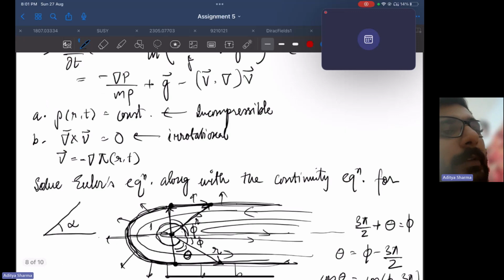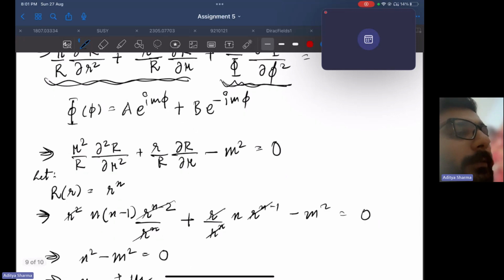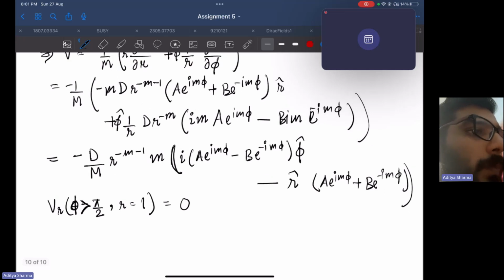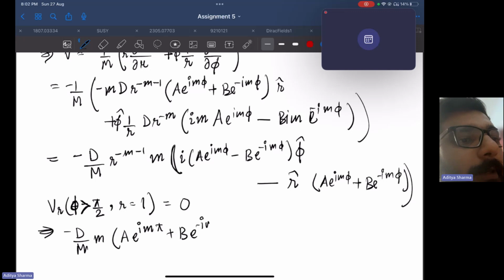So why is that condition true? Because we don't want any velocity in the r direction. It is the normal direction here. So if we do that, we put this in: minus a e to the power i m theta, and b e to the power minus i m theta.